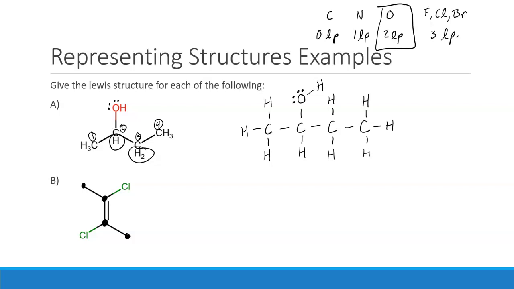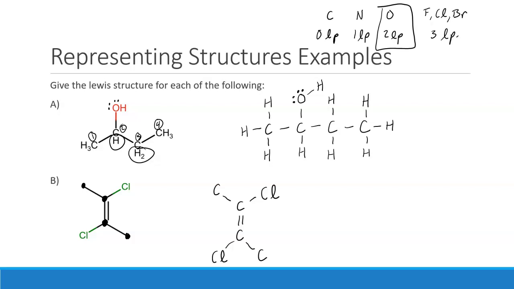So you should have a total of 4 carbons. So if we show those carbons, that's about what it should look like, with 2 chlorines, 1 on the top right and 1 on the bottom left.